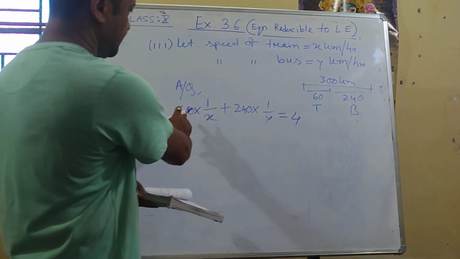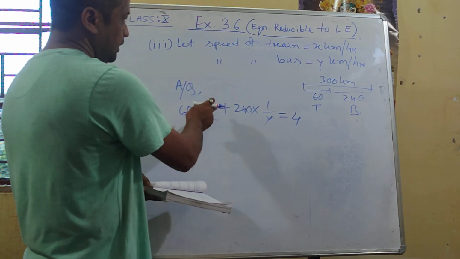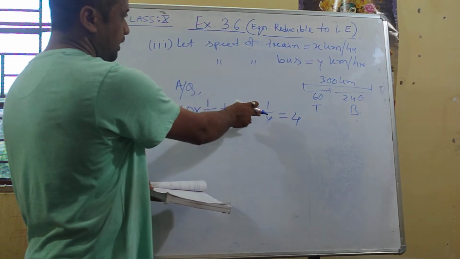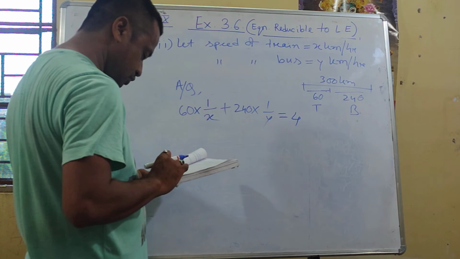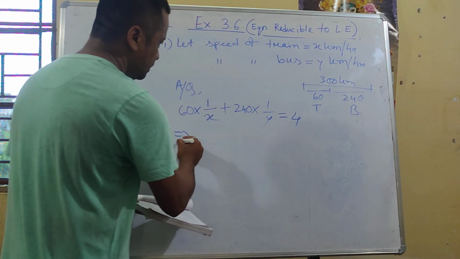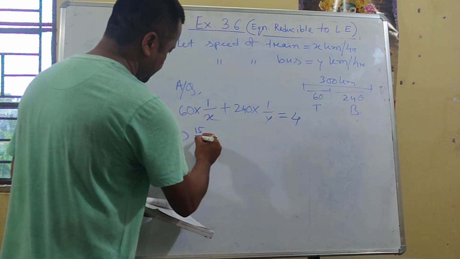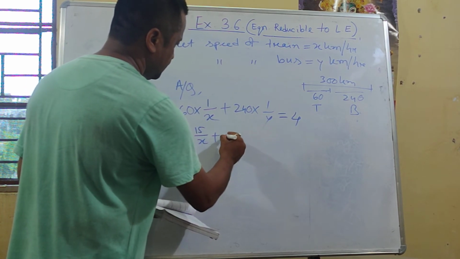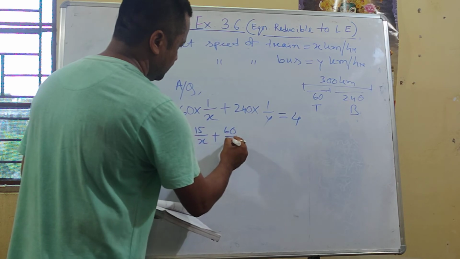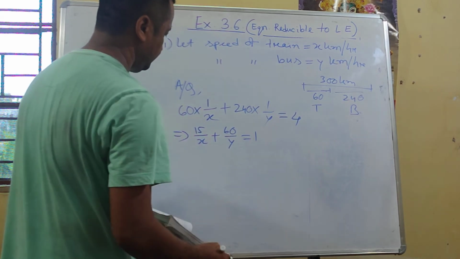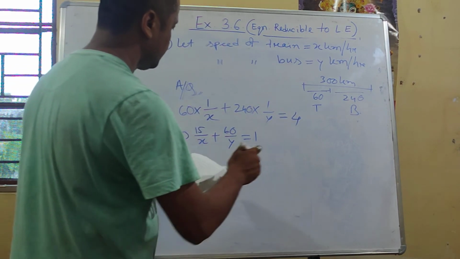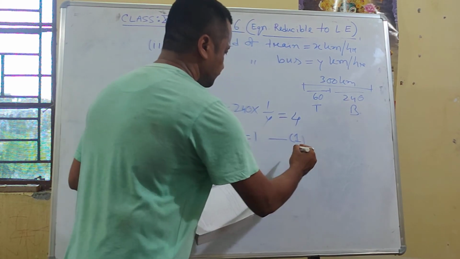So in this case, 60 kilometer and 240 kilometer at speeds x and y, the time taken is 4. Dividing by 4, we get 15 by x plus 60 by y is equal to 1. Let this be number 1.